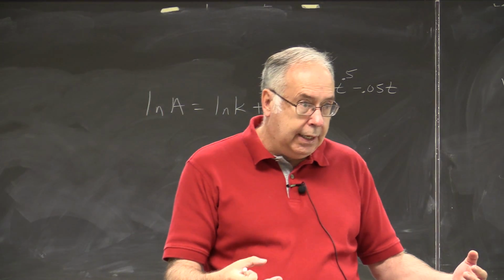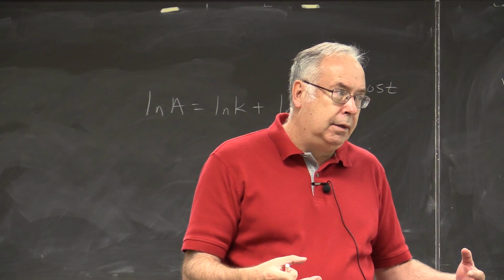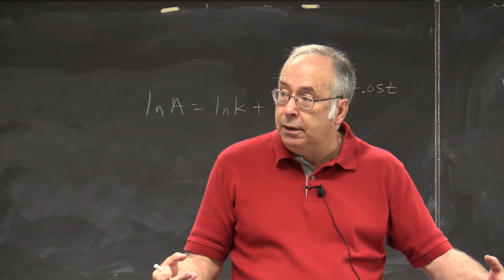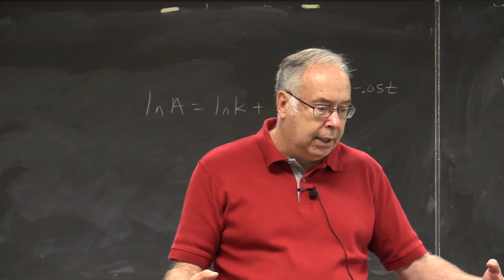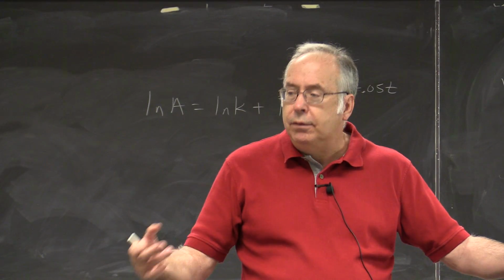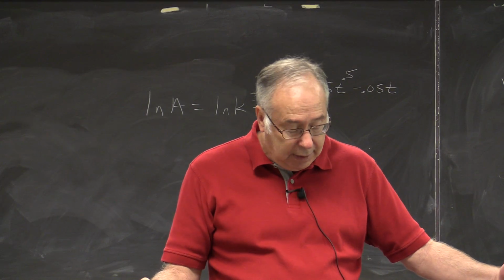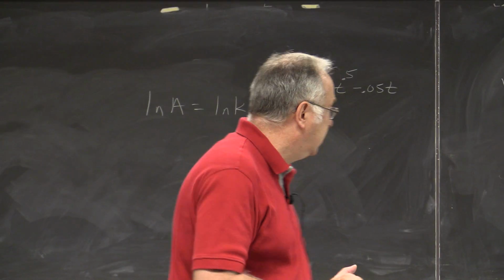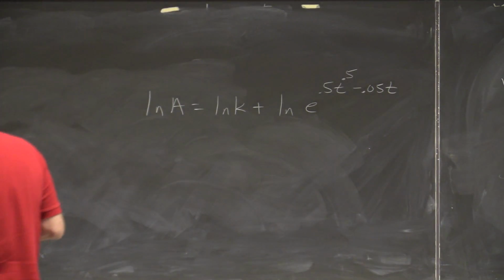And notice, maximizing log A will also maximize A. Because the log of A, as A gets bigger, log A gets bigger. So you could maximize the value of log A, and that would give you the maximum value of A. The value of t that maximizes log A will also give you the maximum value of A, because log A is a monotonic transformation.